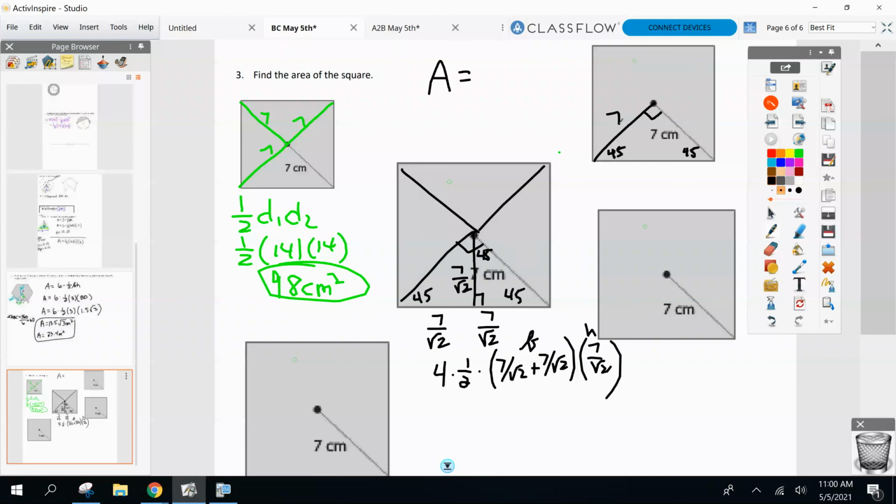I just did Pythag, or if you know your 45, 45, 90 rules, it's leg times radical 2, so you could go, oh, that's 7 radical 2. That means every side is 7 radical 2. 7 radical 2 times itself is 98. Yep. This is great. Anything else? Go ahead. Anything else want to throw at me?